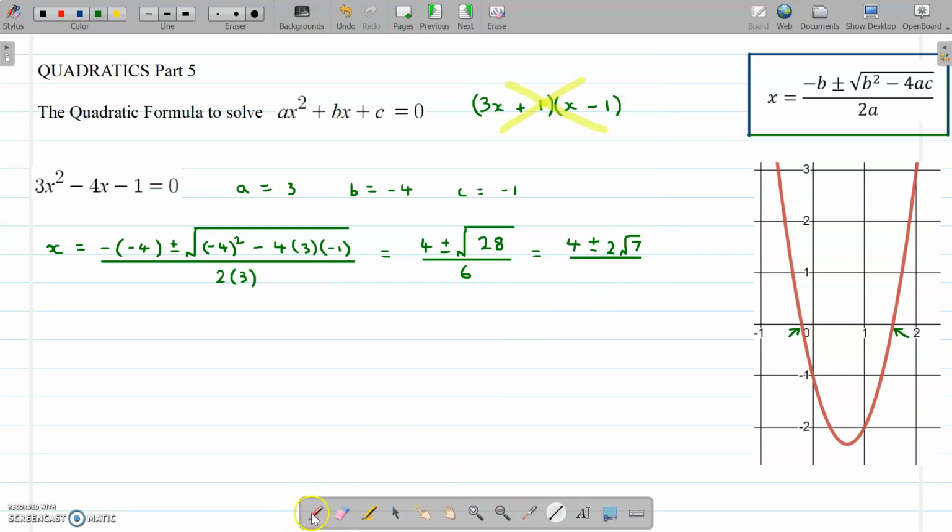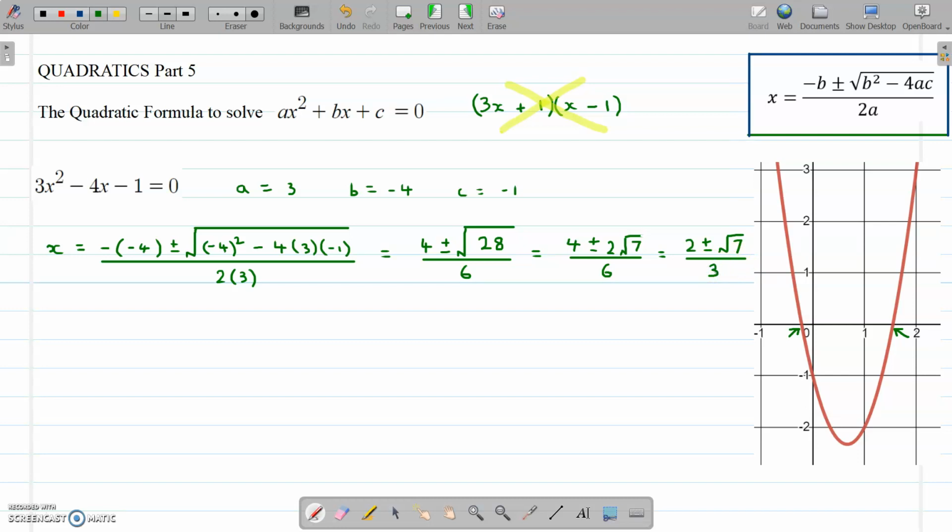The next thing you should notice, if you were simplifying this expression, is that there's a common factor of 2 on the numerator and denominator. So this actually equals 2 plus or minus 1 root 7, or just root 7, over 3. All I've done is halved the numerator and halved the denominator to simplify it. It's like cancelling down a fraction.